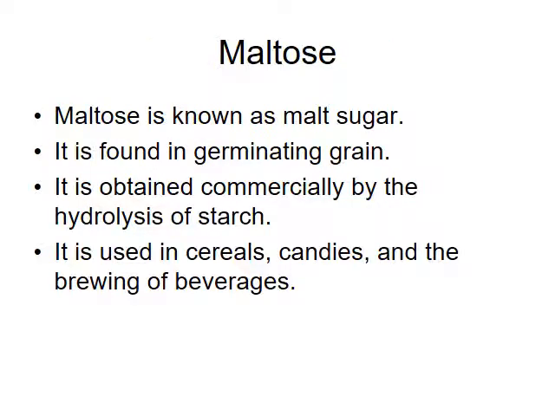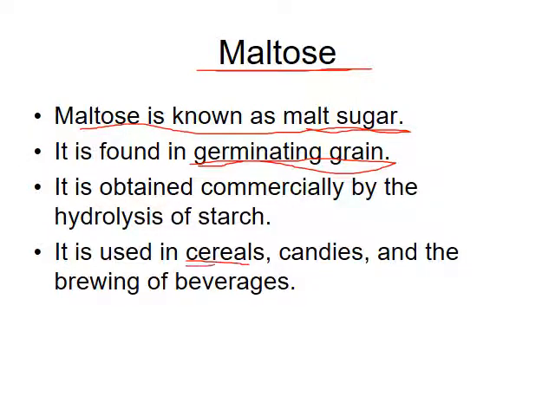So the first one is maltose. So maltose is also known as malt sugar. It is found primarily in germinating grain. You may have heard of malt, like it's found in cereals, malt drinks.